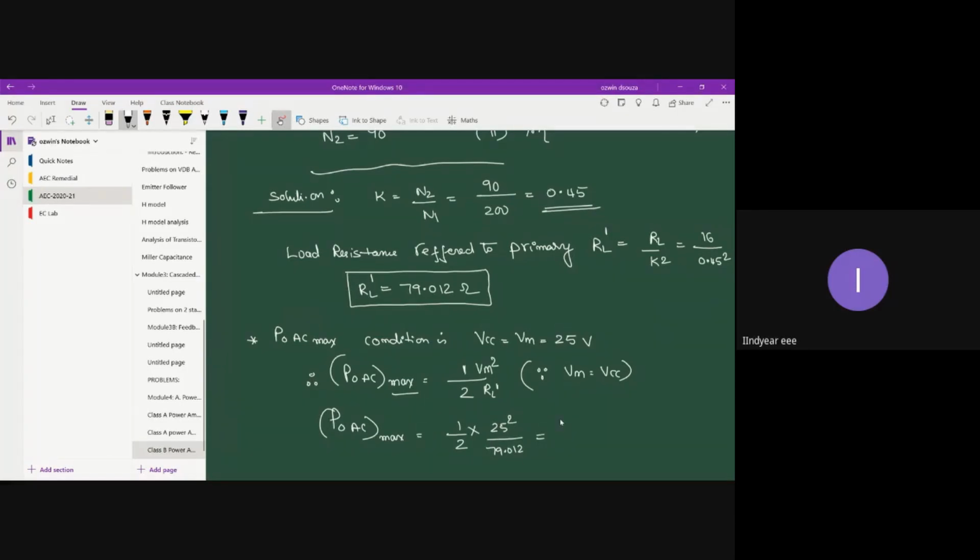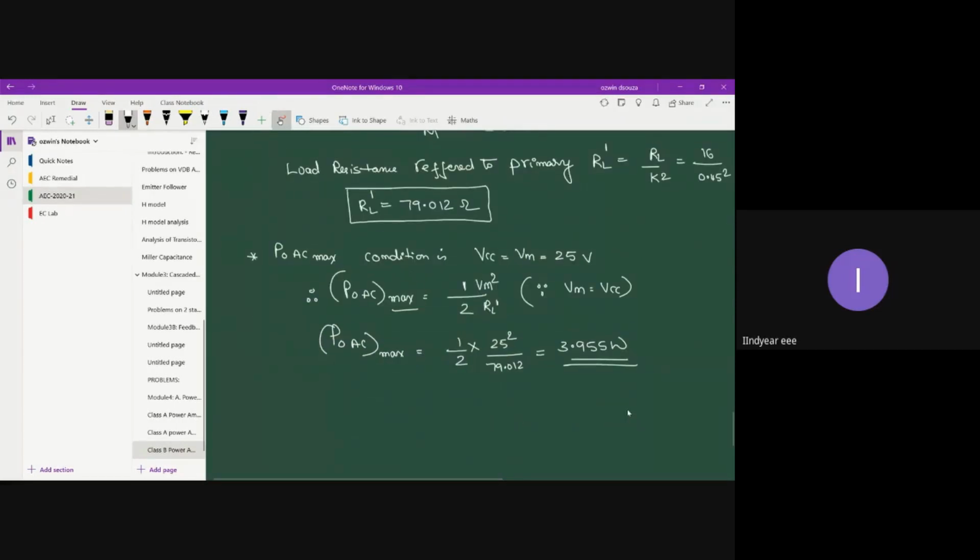Okay, let me just cross check. 3.955. So the maximum power output is 3.955 watts. All right.